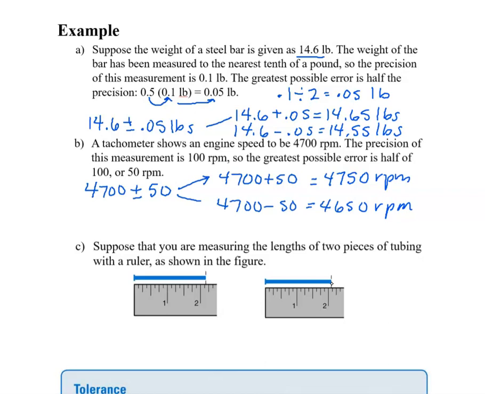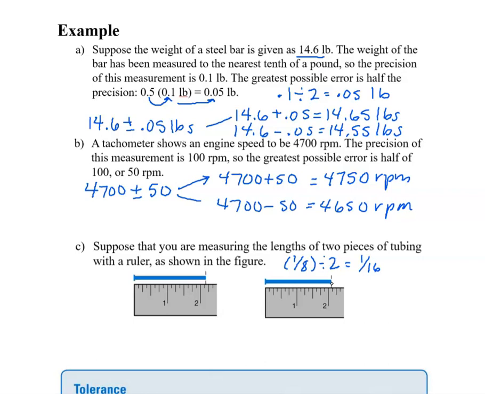So we're going to take our 1/8, which is what it's marked to, and divide that by 2, which means 1/8 divided by 2 would be 1/16. And so our measurement is going to be right plus or minus 1/16.